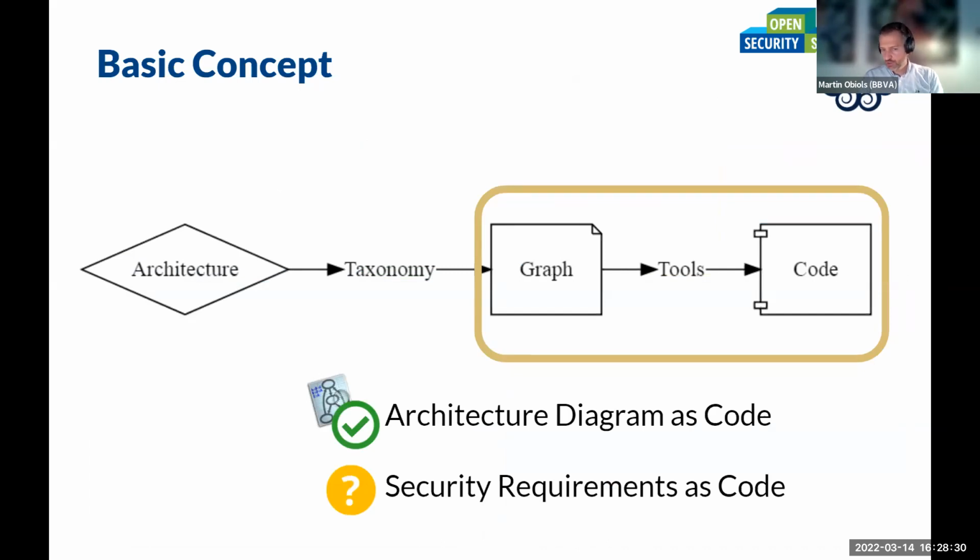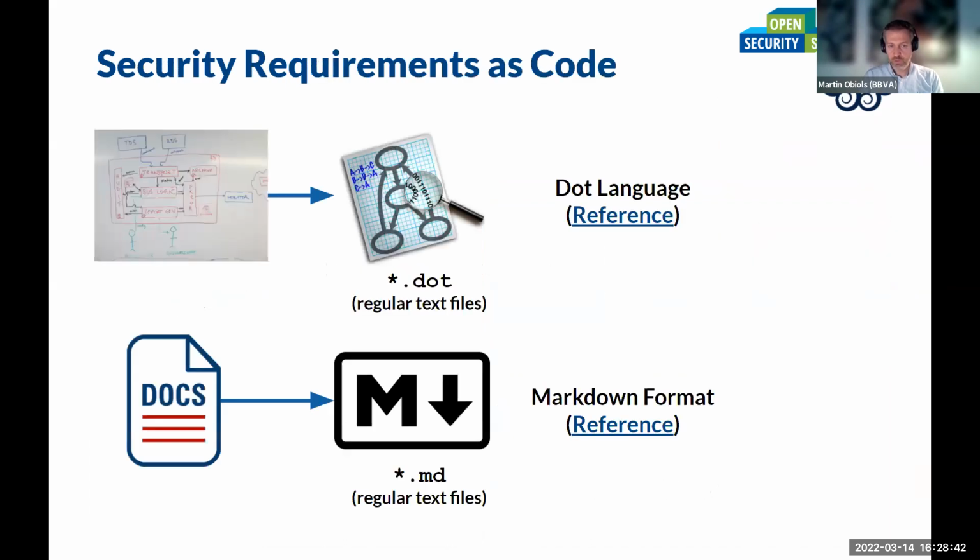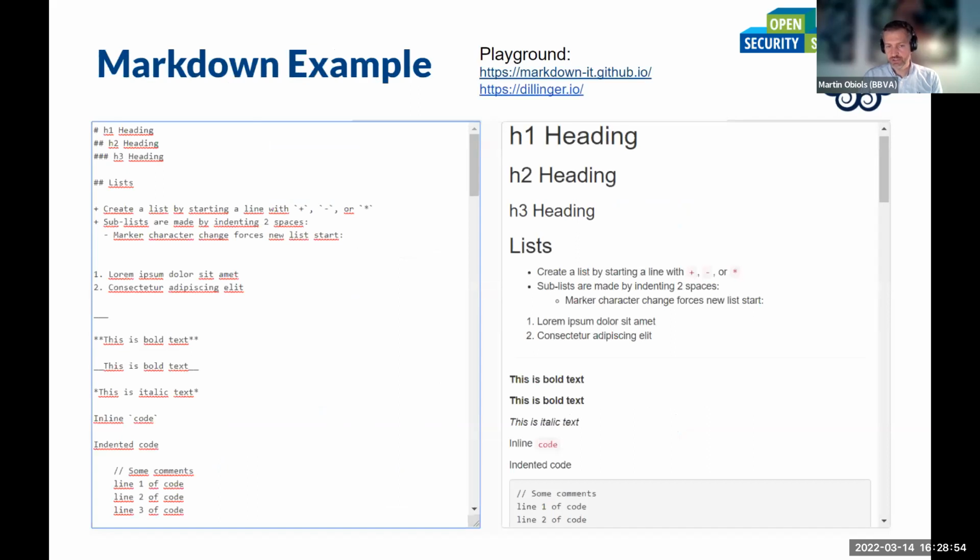So how about the security requirements? I was talking about this from the beginning, but our objective was not only the diagrams, but also the security requirements. In order to manage those as code too, we will just make use of Markdown format, which is pretty straightforward. Instead of using Office documents, we will use regular text files in Markdown format, which essentially provides us with all the rich text features that we probably need.